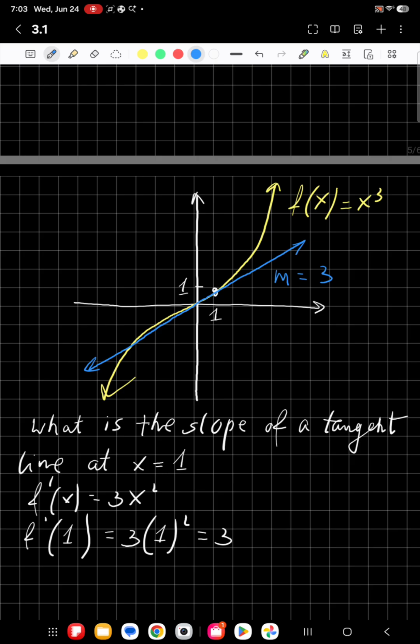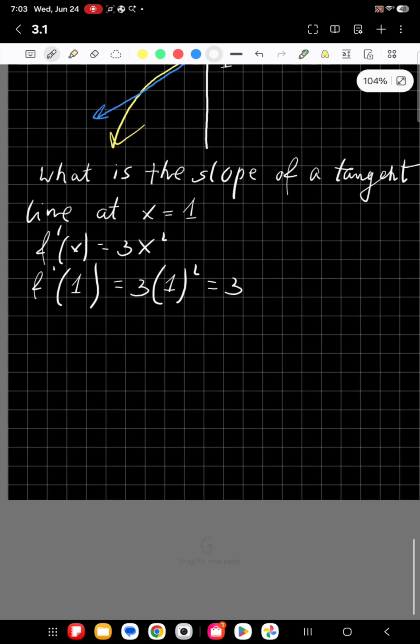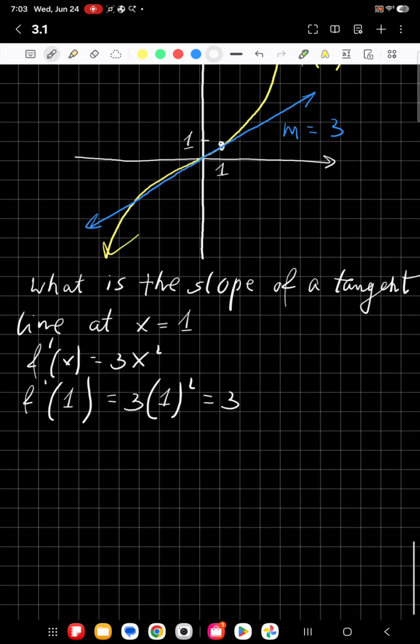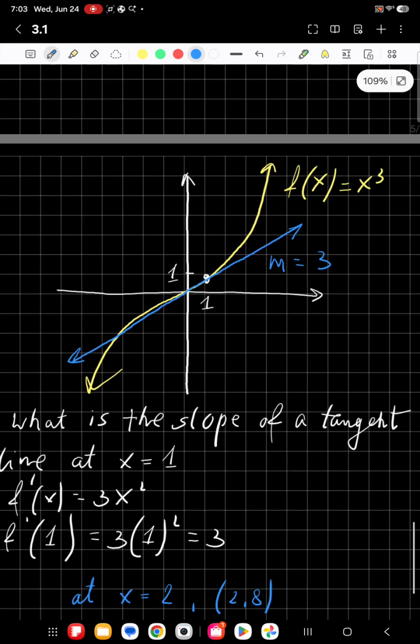Okay, so let's calculate maybe a different point, maybe at 2. So x is a different color. Alright, so at x equals 2. And so that point is going to be 2, 8. Okay, so let's put it on that line here. Okay, so 2, 8. So if this is 1, this is 2. Let's make it a little farther.